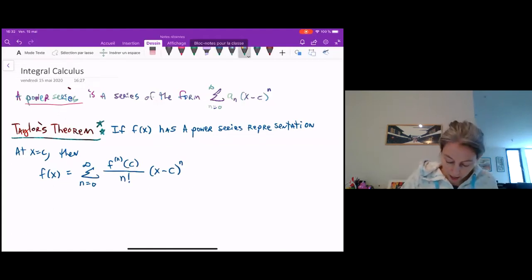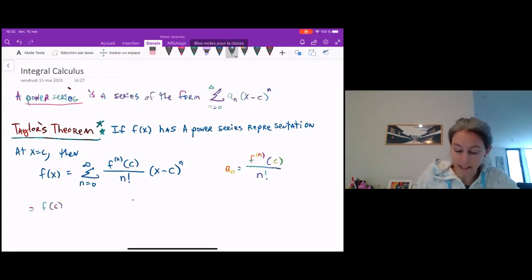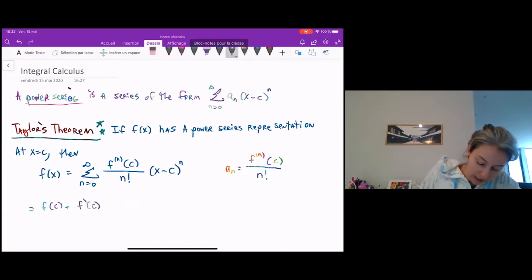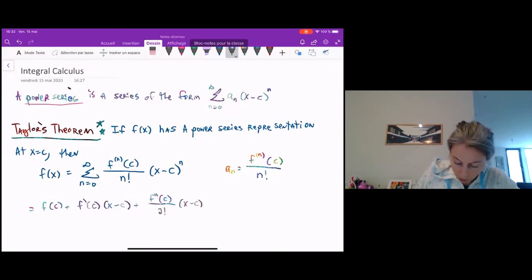If we were to expand this, this would be the 0th derivative, so that's just the function itself evaluated at c divided by 0 factorial, which we know is 1, plus f prime of c times x minus c over 1 factorial, also just 1, plus f double prime of c over 2 factorial times x minus c squared, plus f triple prime of c over 3 factorial times x minus c cubed, and so on and so forth forever. Okay, so this is Taylor's theorem.